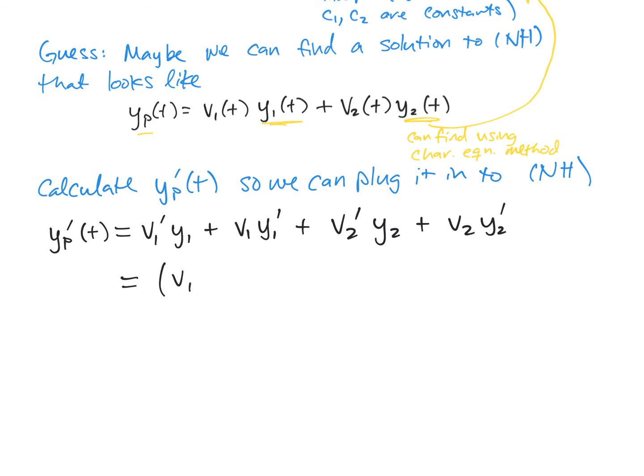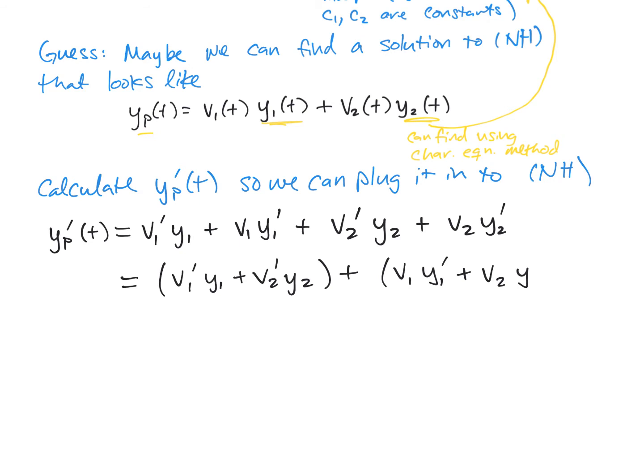I'm going to group the one that has the derivatives of v together, and then the ones without derivatives of v. Because remember that v1 and v2 are unknown.